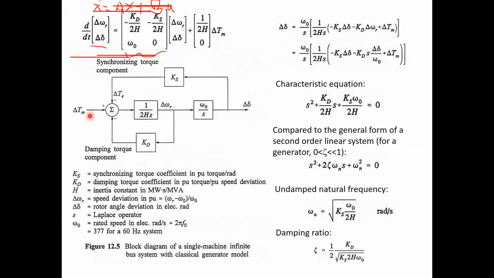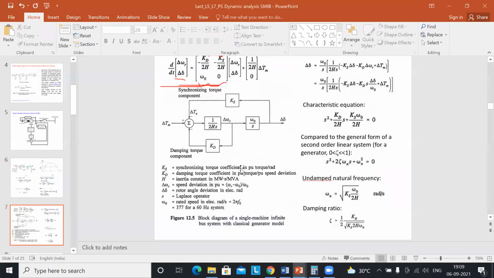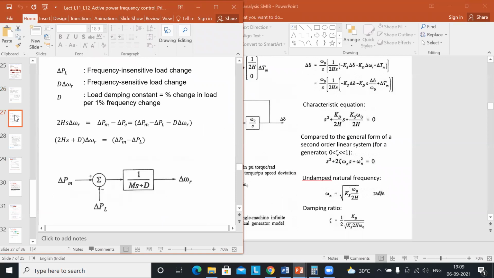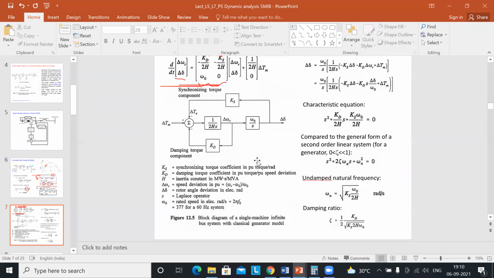Then this difference goes to 1 by 2Hs. If you refer, maybe I go back, to the difference of the two powers, this is the inertia and then speed here. But if you look, there is a small difference.